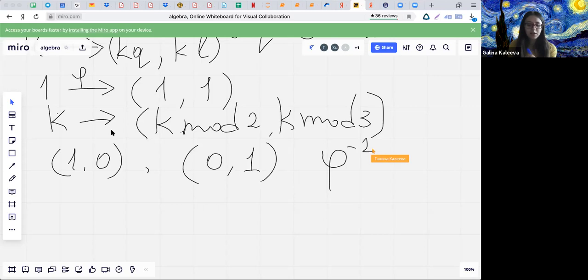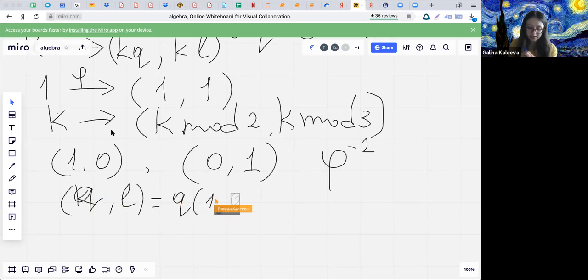If I find phi to the minus first power for these two elements, is it true that I find the whole inverse mapping? It's true, because every element, for example (q, l), can be represented as q multiplied by (1, 0) plus l times (0, 1), where q and l are integers.